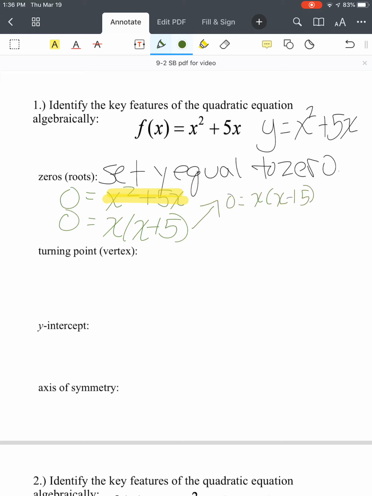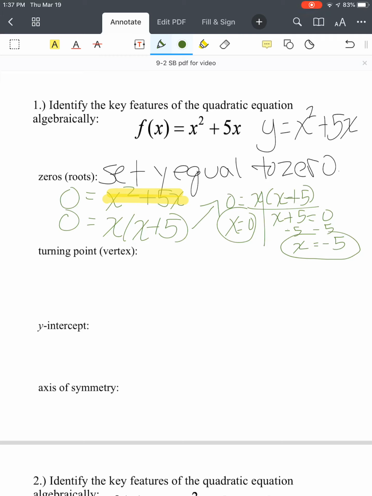So now this is where we tee it off and we set each factor equal to 0. So x equals 0, x plus 5 equals 0. Let's minus 5, let's minus 5. So x equals negative 5. So this parabola crosses the x-axis at 0 and at negative 5. Those are my roots, or my zeros.